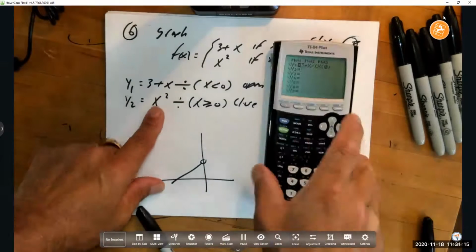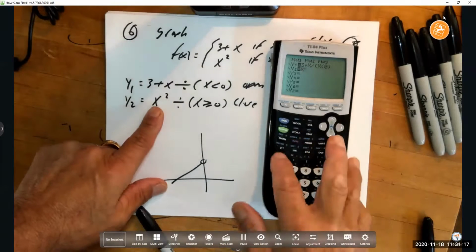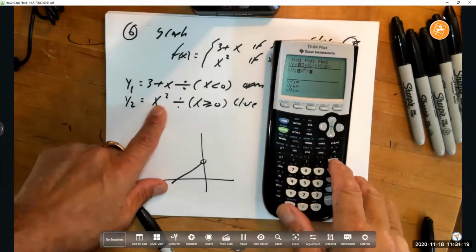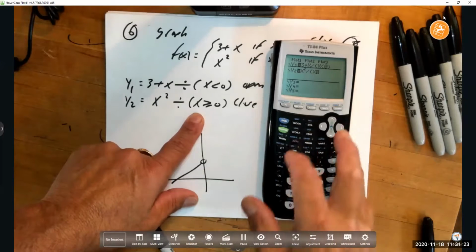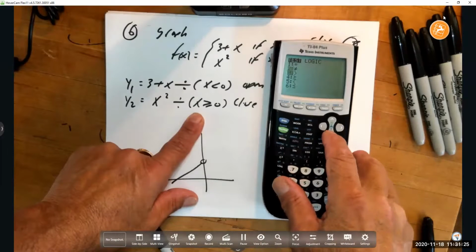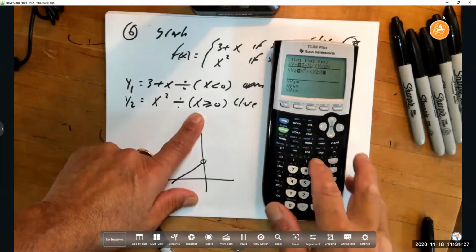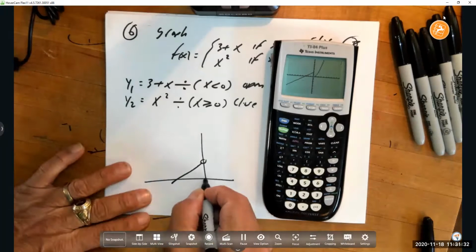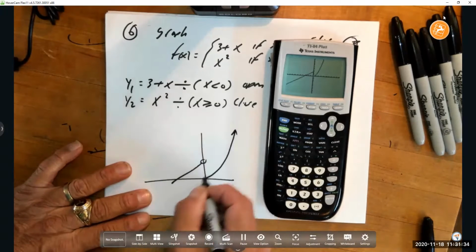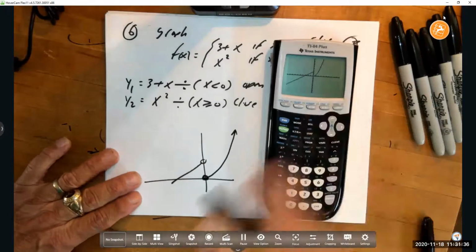So, x squared, division symbol, x, second math, greater than or equal to 0, graph. Okay, this one goes like this. Goes here, goes up that way. That's what it's doing.